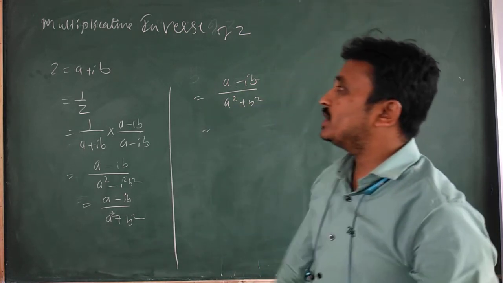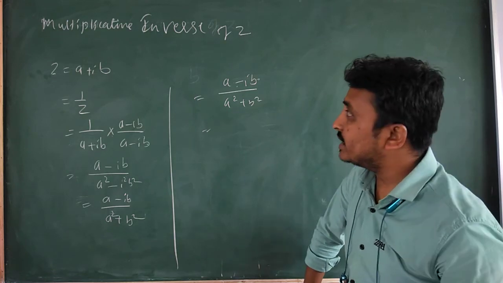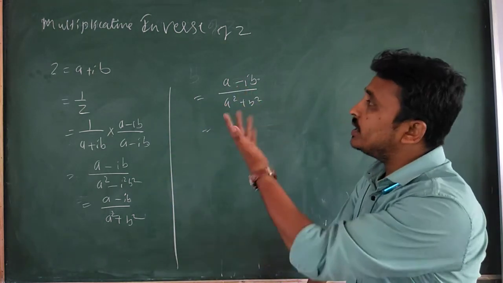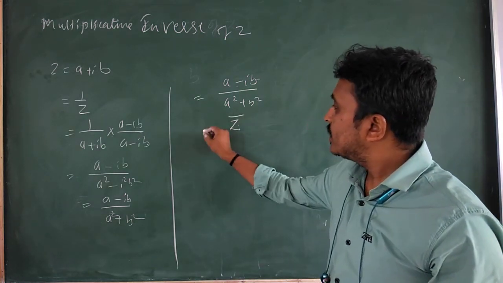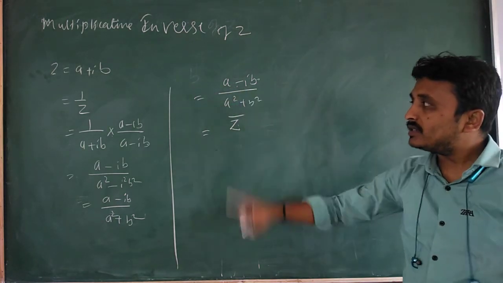What is a minus ib? Z equals a plus ib, so a minus ib is the conjugate of z, that is z bar.